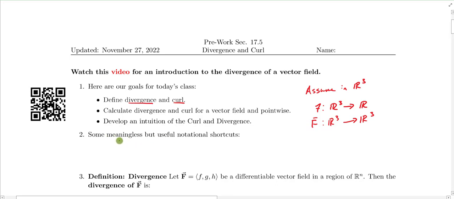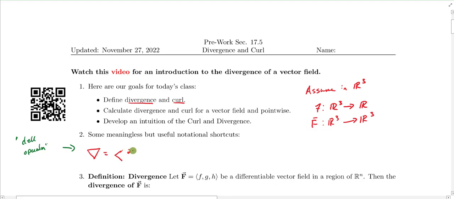So here are some meaningless but useful notational shortcuts. We're going to define this guy right here, and we've seen him before. We're going to call him the del operator. The del operator is sort of a meaningless notational choice that we make, but it really helps condense our notation.